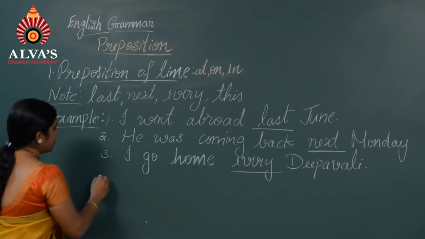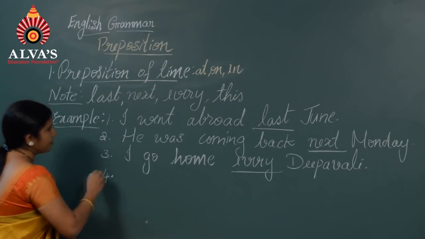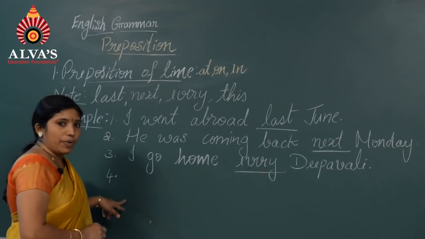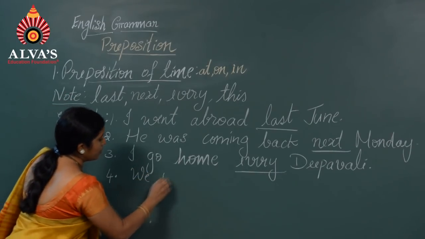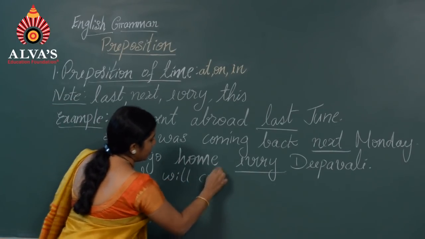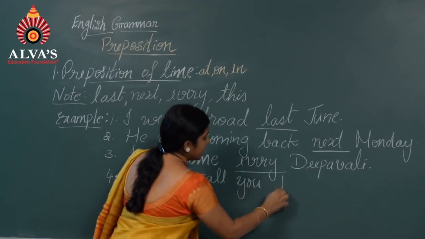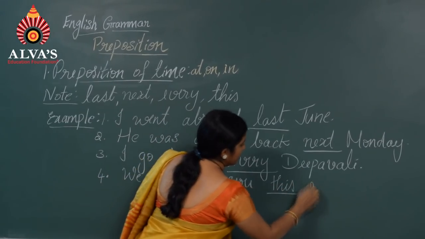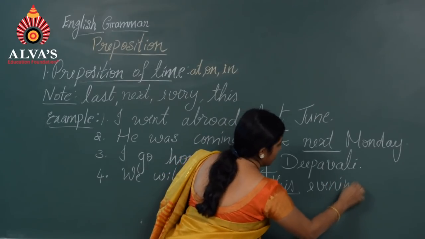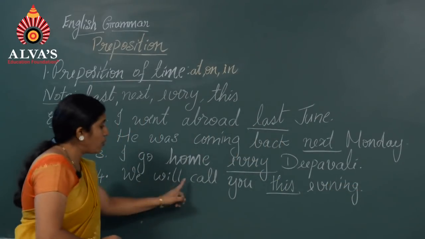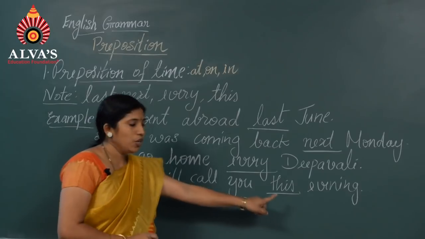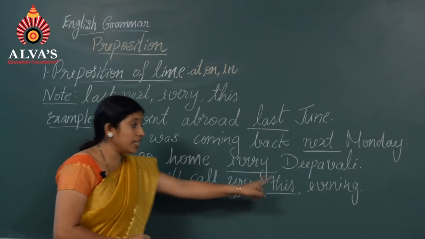Next, this. Number 4, we will call you this evening. You cannot use any preposition before "evening" here.